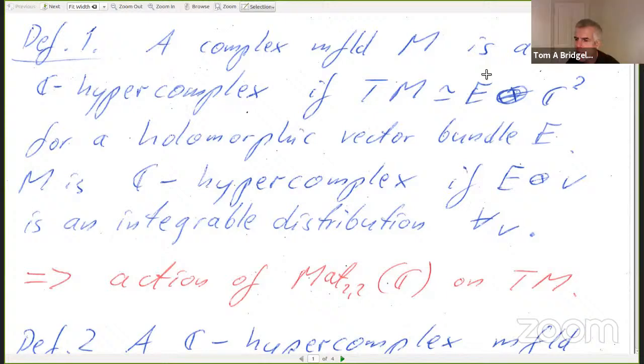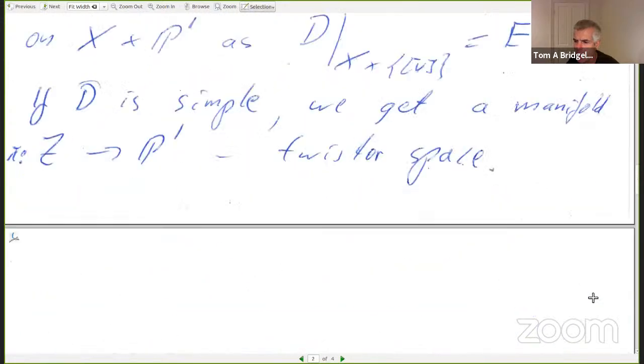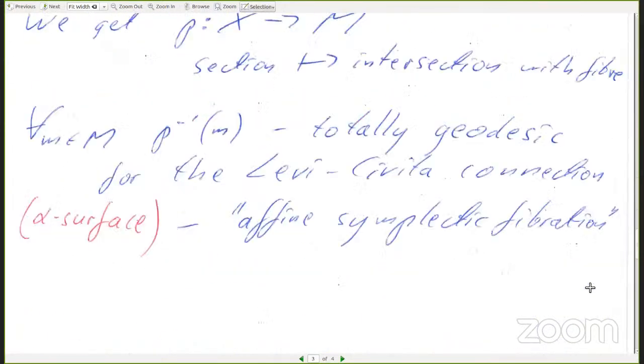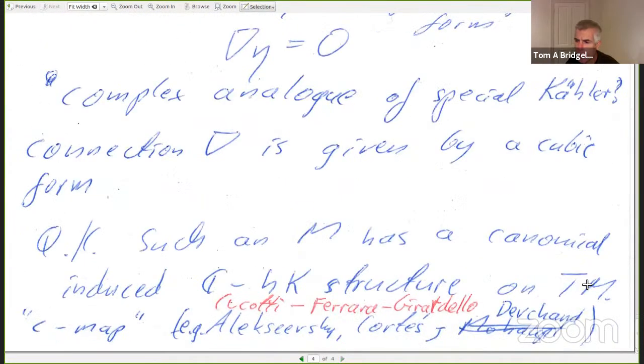But Bobby, I don't think this can be the hypermultiplet space. It could be the complexification of that, but I don't think it can be that. Do you mean M or T of M? Well, either of them, but certainly T of M, that's where the hyperKähler structure is living.